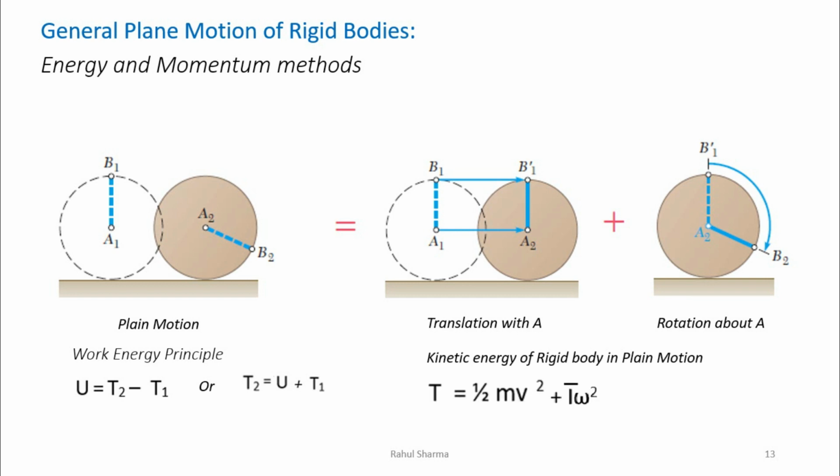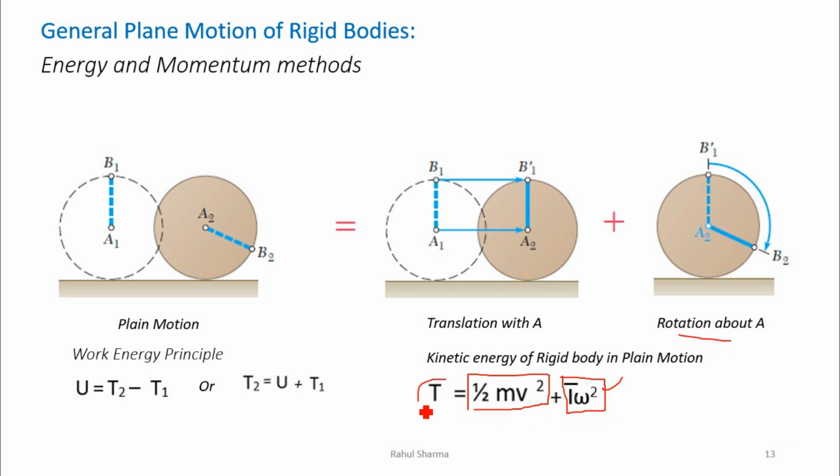For general plane motion, the kinetic energy will be T is equal to half m v square, which is the kinetic energy due to translation, plus half I bar omega square, that is the kinetic energy due to rotation.